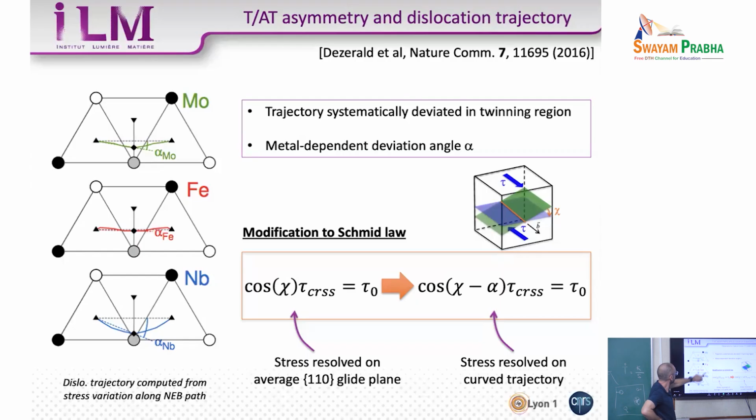This is aluminum, and this is niobium. So what you see is that the trajectory, except for iron, if you look at niobium and molybdenum, is deviated, and the amplitude of the deviation depends on the material. Zero in iron, intermediate in molybdenum, very large in niobium.